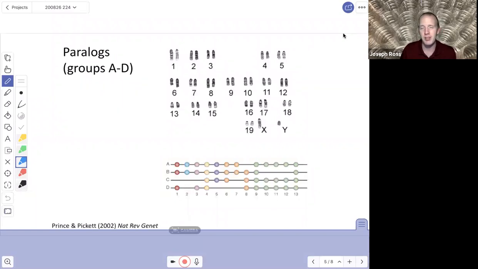Now we have more than two copies, essentially, of the same gene. So for this, I'm going to describe the situation of the HOX genes, and I'm going to pick in particular on the HOX4 gene. So in mice, there are four different paralogs of the HOX4 genes.